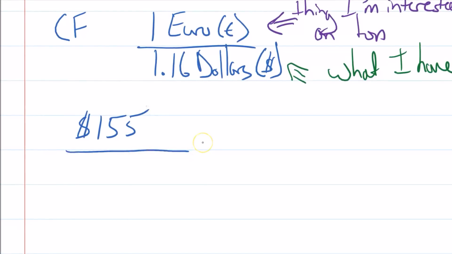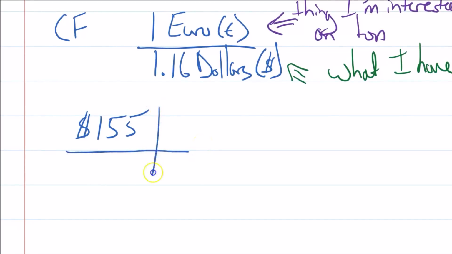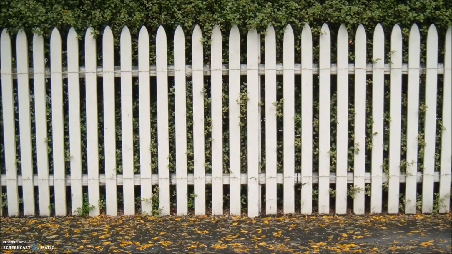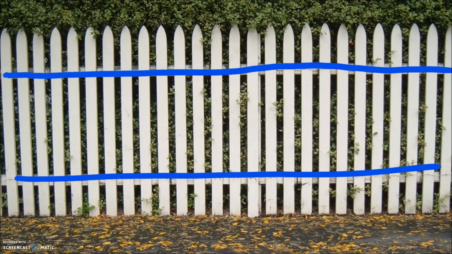$155. And what we do is we draw our picket fence. Hold up, what's a picket fence anyways? Picket fence is this lovely white picket fence we see here, where it has, in this particular case, 2 crossbars and a whole bunch of vertical bars.